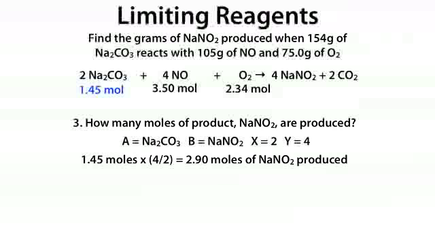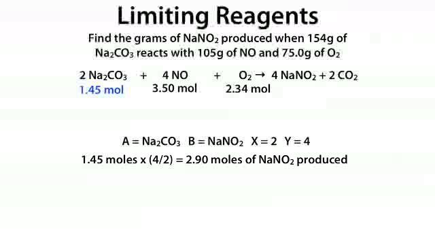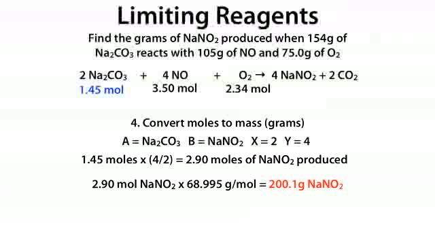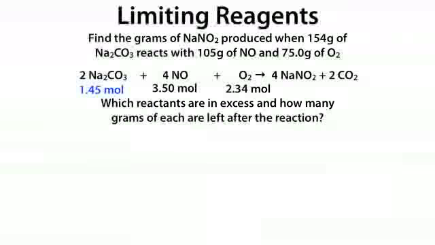So that's how many moles of NaNO2 produced. Now we're going to convert our moles of NaNO2 to grams to answer the question. So we do that by simply multiplying 2.90 moles of NaNO2 by its molar mass of 68.995 grams per mole to give an answer of 200.1 grams of NaNO2.